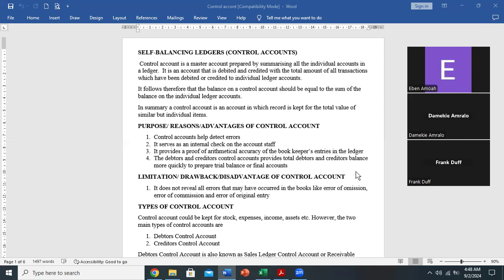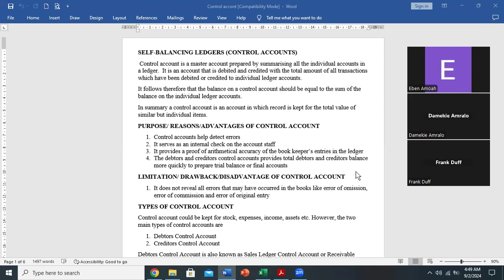So the whole idea about control account is trying to put similar items together so that you can have a summarized version of it. However, the focus will be on two main things. And these are your debtors and your creditors.